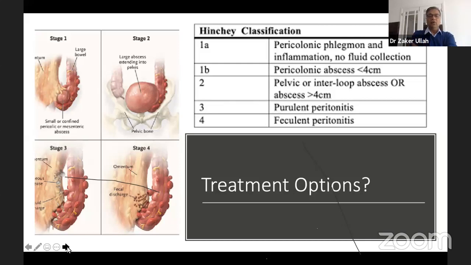But Hinchey 3 and 4, of course 3 is controversial, but 4 definitely, most of the times we do Hartmann's procedure because this is a contaminated area. If there's any fecal soiling, don't anastomose the bowel. There's a high chance of leakage after anastomosis. So these are the questions that will be asked, and I'm sure most of you will be able to answer.